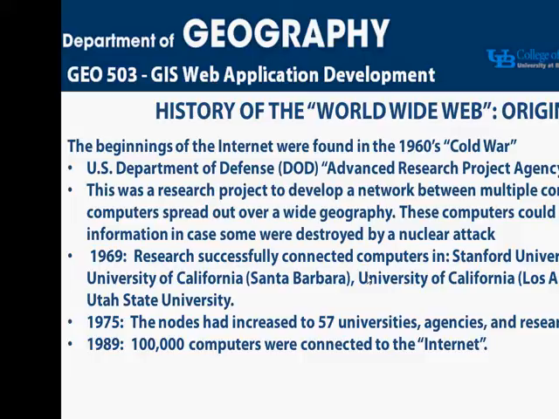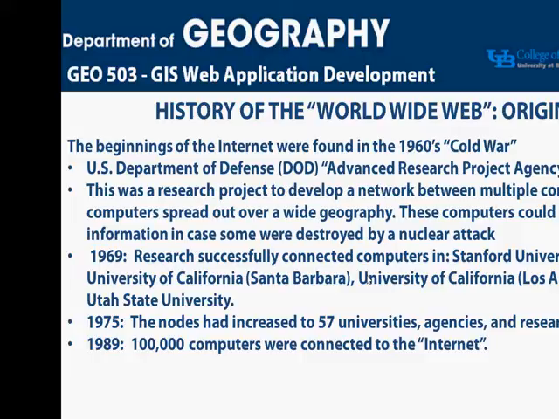Everyone was concerned about a nuclear war, and among a lot of other bad things that would mean, the massive loss of information. So the U.S. Department of Defense designed a prototype network where computers spread across the country could share information in the event of a nuclear war where a lot of information is lost. And that really is the foundation where the internet got started.